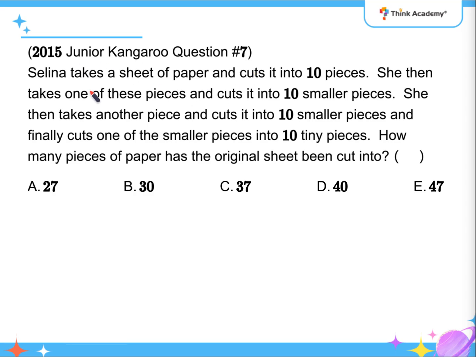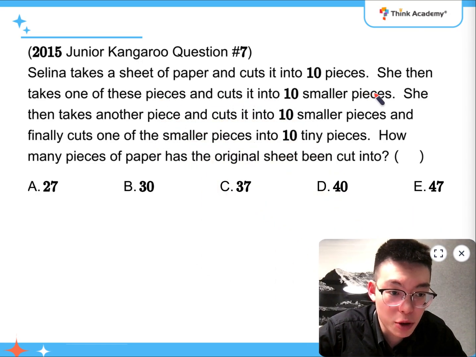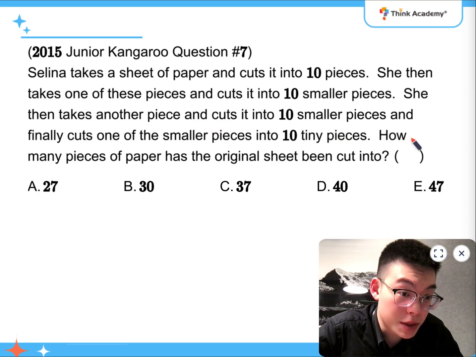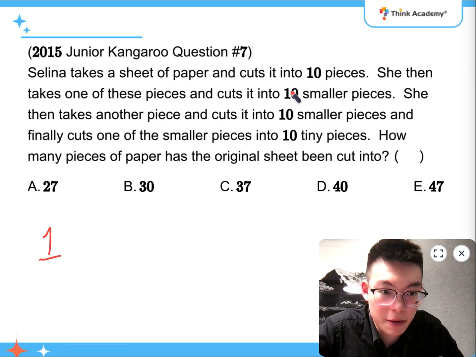And then for question 7, it says that Selena takes a sheet of paper and cuts it into 10 pieces. She then takes one of these pieces and cuts it into 10 smaller pieces, and into 10 smaller pieces, and into 10 tiny pieces. So how many pieces of paper has it been cut into? First of all, there's one sheet of paper, right?